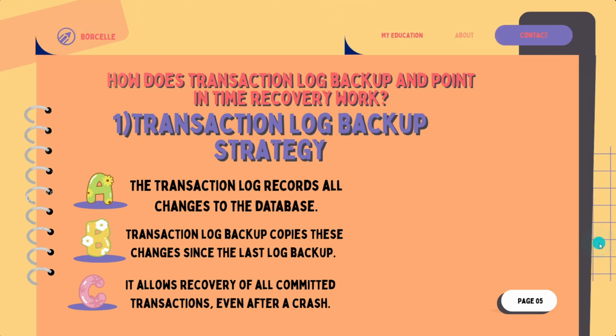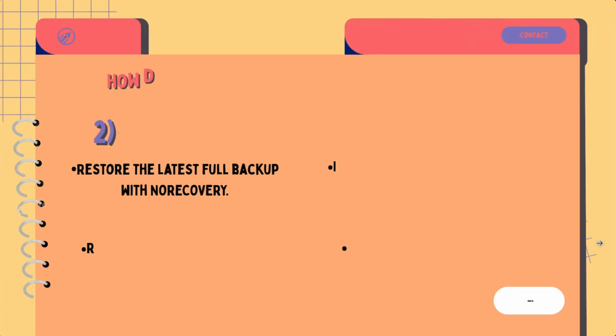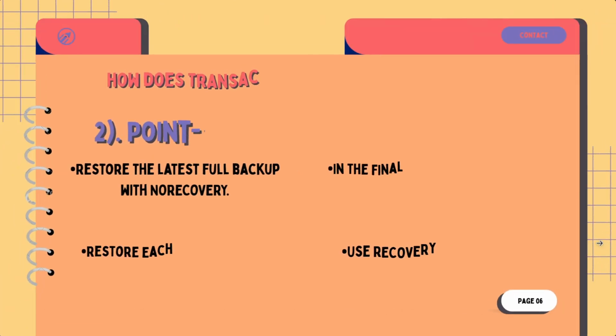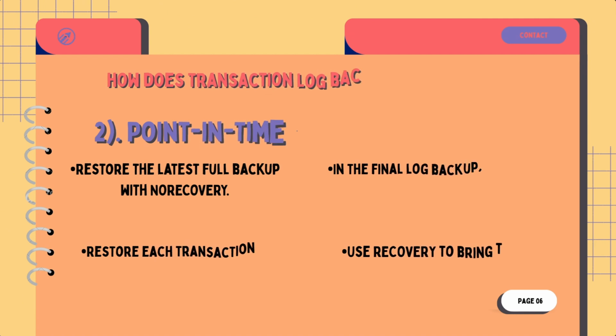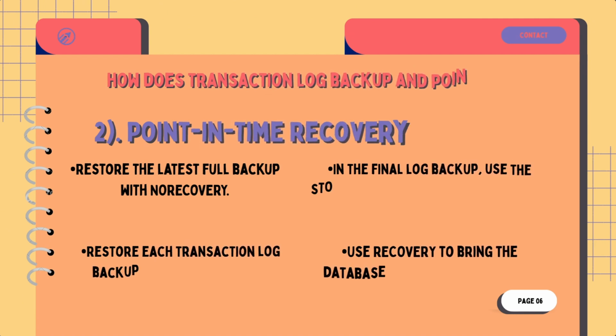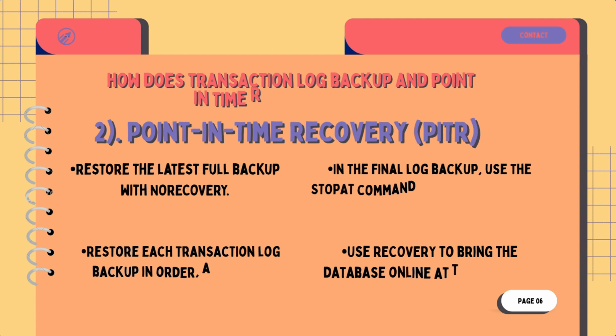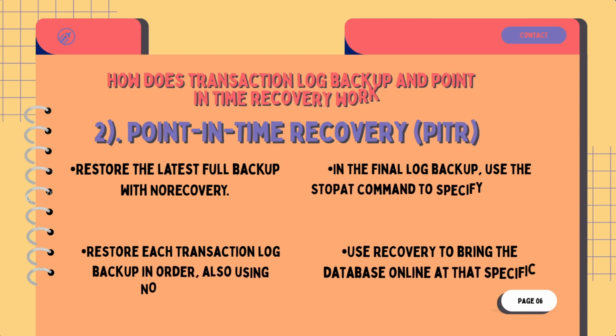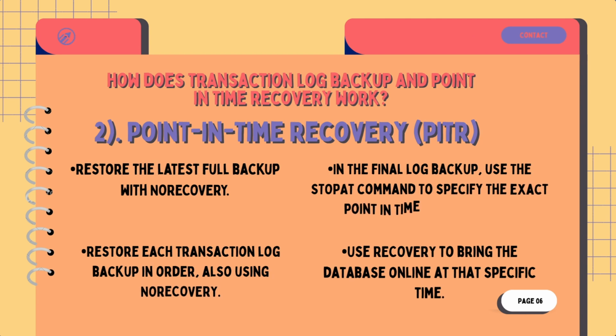These are the 5 steps to perform PITR. First, restore the last full backup using the no recovery mode in SQL Server. Second, apply the differential backup if used, also using no recovery.